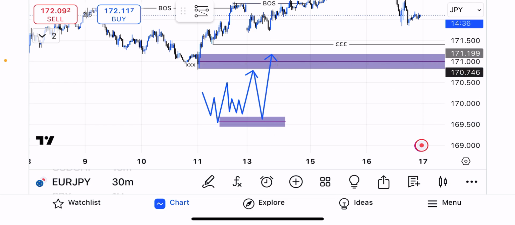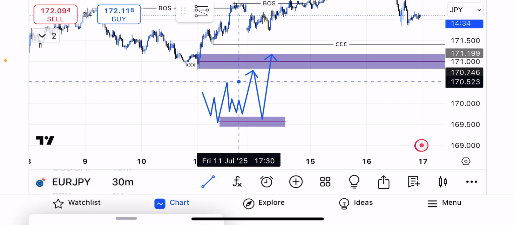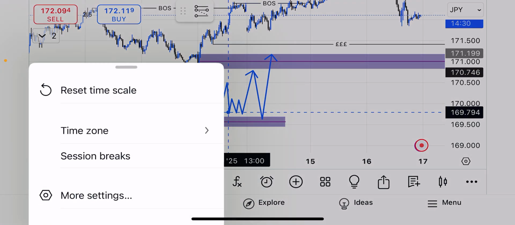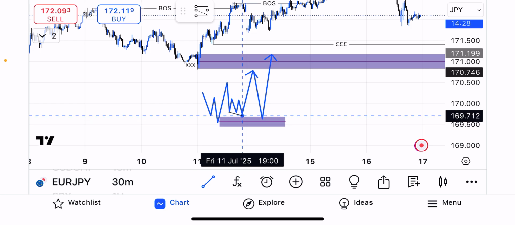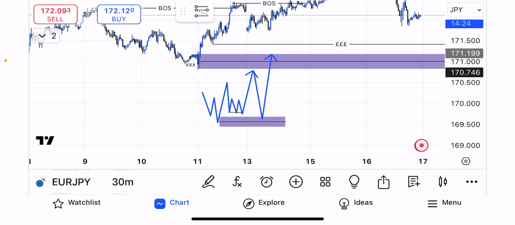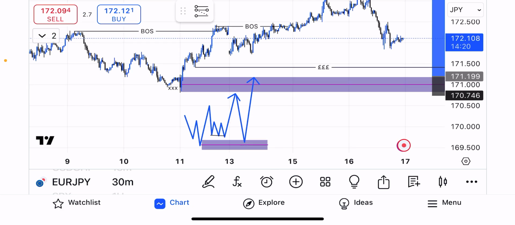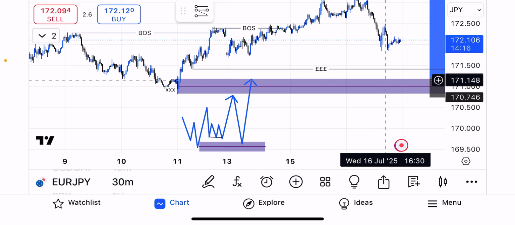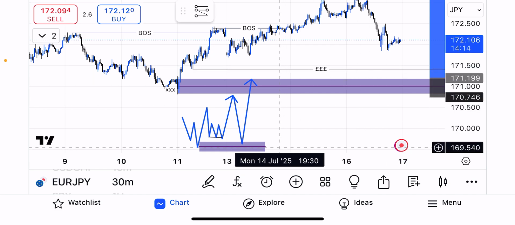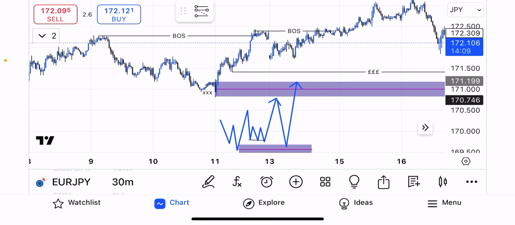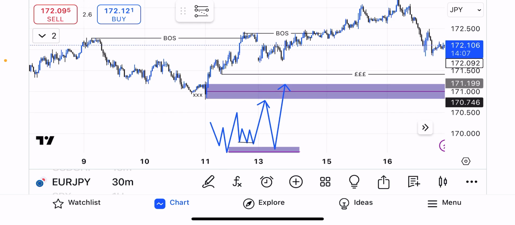Look, this liquidity is what we call a liquidity pool. You're seeing liquidity here. So what do we want? We want price to come and sweep the liquidity just like this. We are waiting for price to sweep this liquidity it had already created, tap into our block and reverse upwards. That's one thing about the structural SMC.